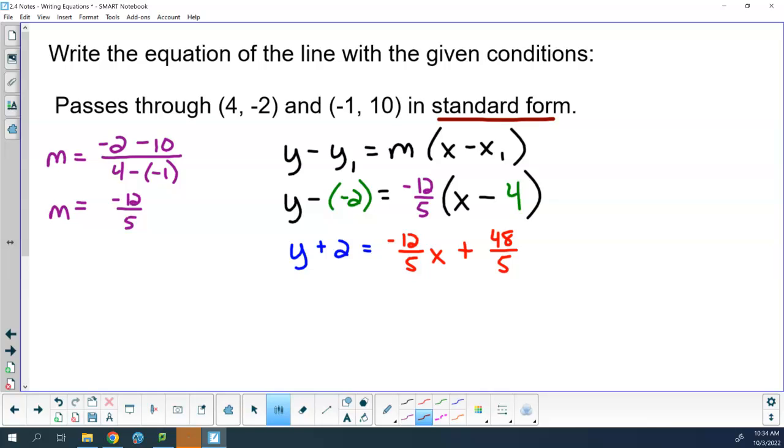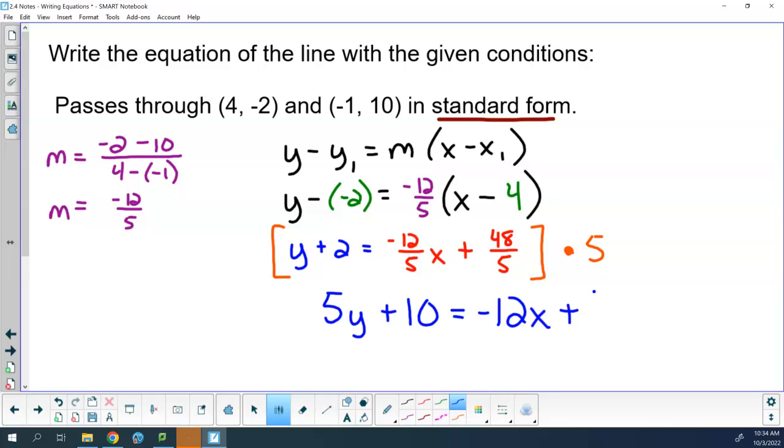Let's take this whole equation and multiply it by 5, the whole thing. So then that becomes 5y plus 10 equals -12x plus 48.